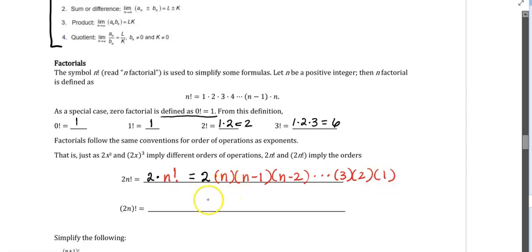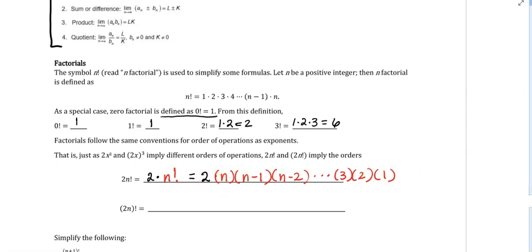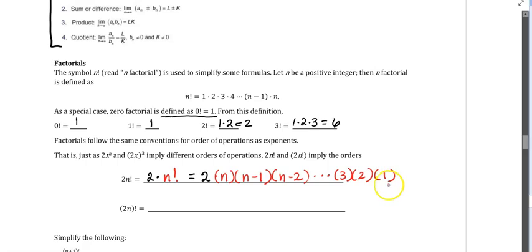On the other hand, versus 2n, the n factorial that I wrote in red, I hope that's clear. Traditionally, I've been starting at 1 and going up to the n value, like how I did here. I started at 1 and did 2, 3. I just went backwards since it started with an arbitrary n value here. But it would have been the same thing if I wrote 1 times 2 times up to n. Those are the exact same thing, the two lines that I have written in red.